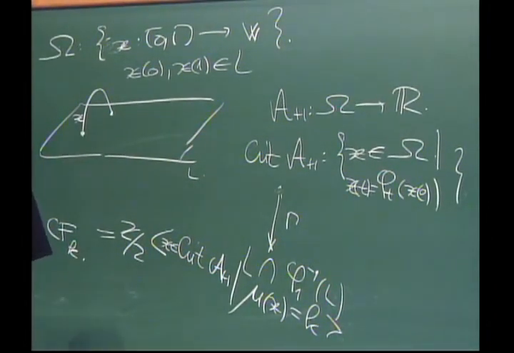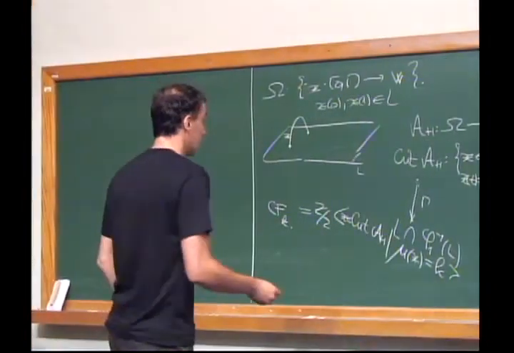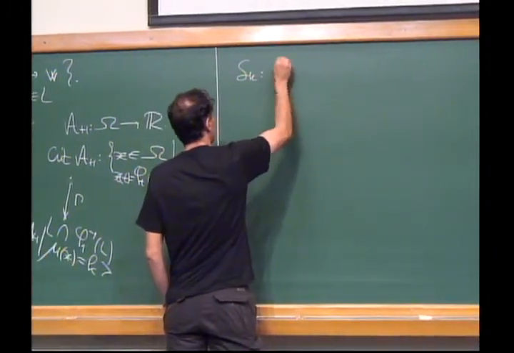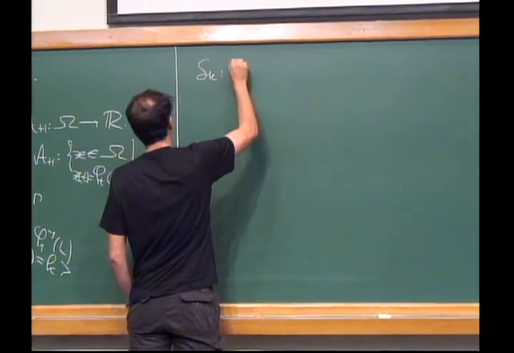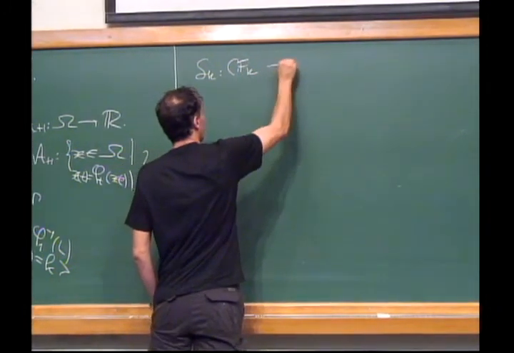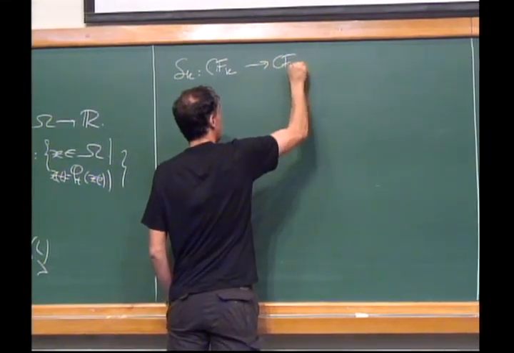Right? And then we wanted to define a differential d_k from CF_k to CF_{k-1}.